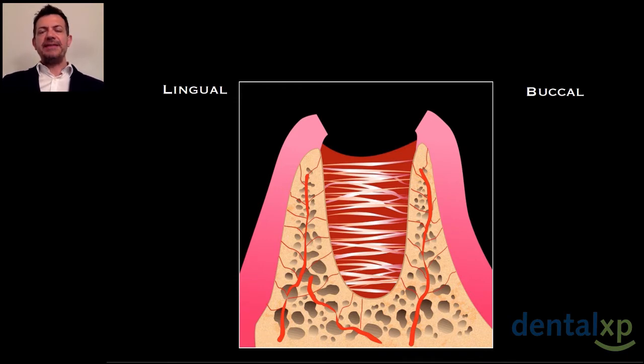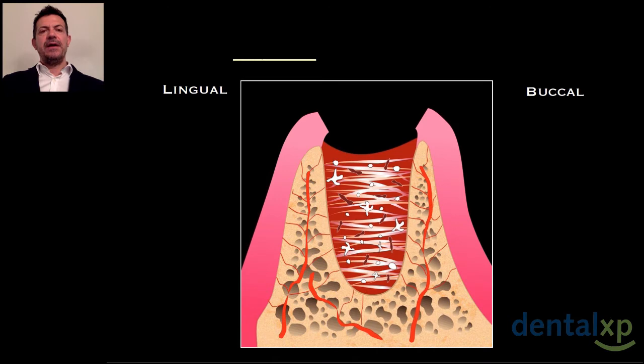And we have some drawings here, some images that try to clarify the dynamics of healing in the intra-alveolar process together with the extra-alveolar process of healing. On the right, we have the buccal side. On the left, we have the lingual side. Right after tooth extraction, we have bleeding inside the alveolus and spontaneous blood clot stabilization.